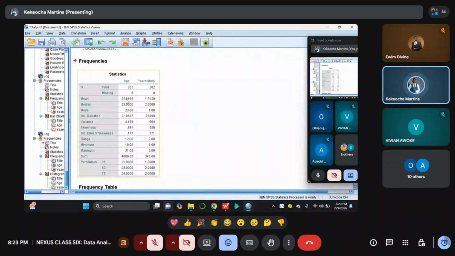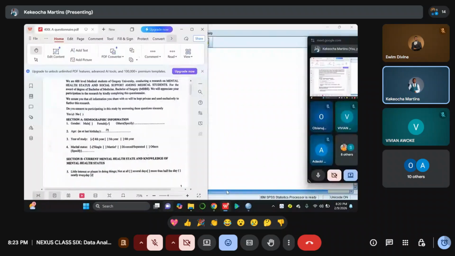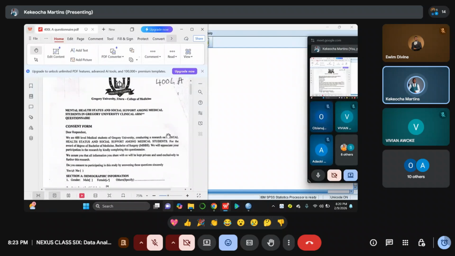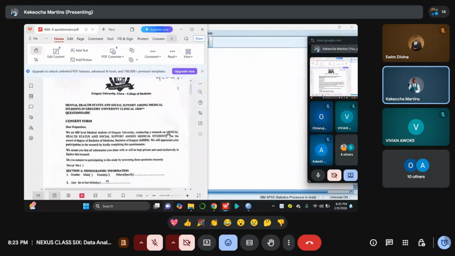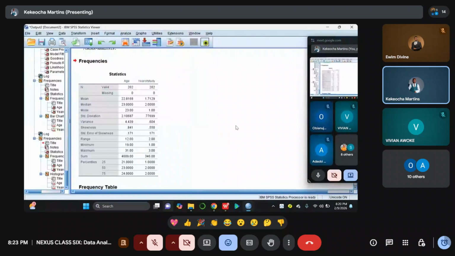So we can now infer that the average age of students in this school, which is Gregory University, Abia State, is 22.816. So we've made an inference from a single point. That is point estimation. Then going over to confidence interval estimation using your confidence interval.